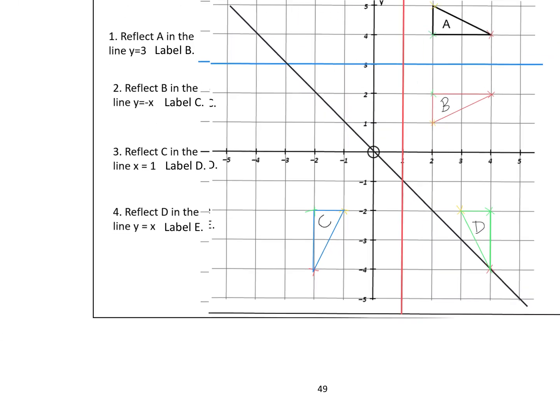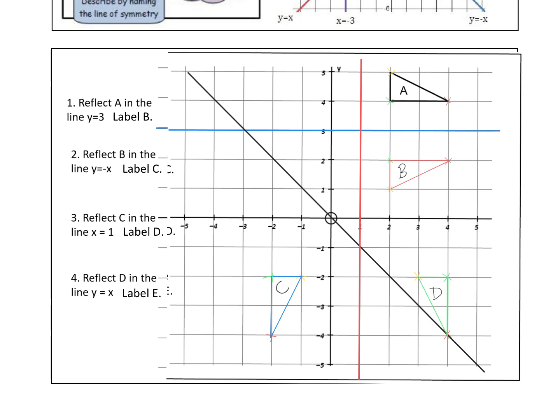And finally, the last one is to reflect D, which I've just drawn, in the line y equals x. So we've already drawn this one here, was a diagonal y equals minus x. Y equals x is just going to be same idea.